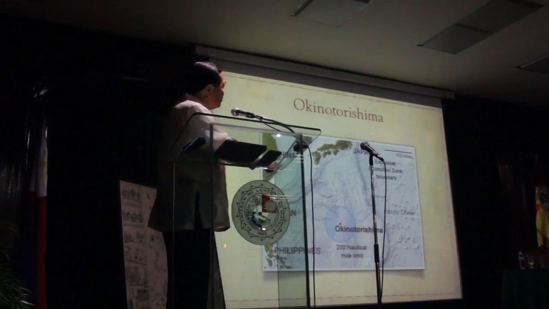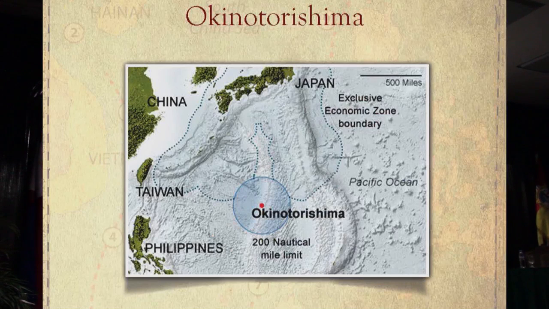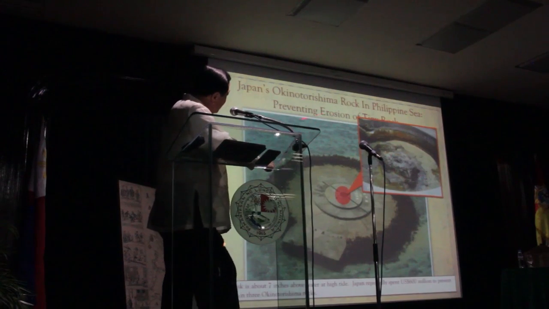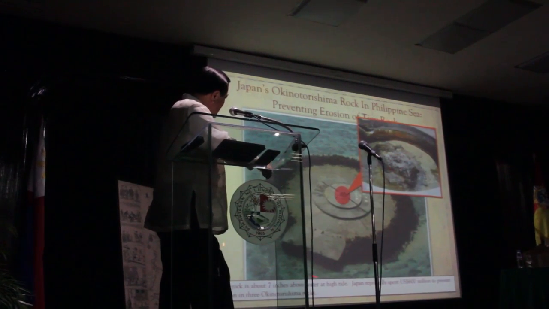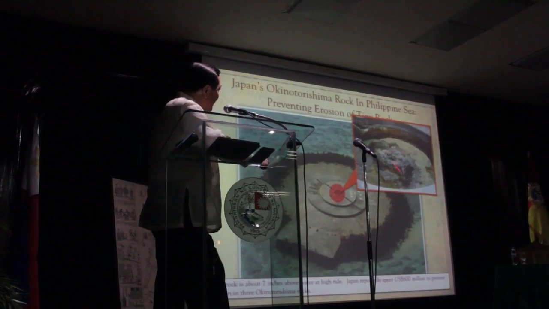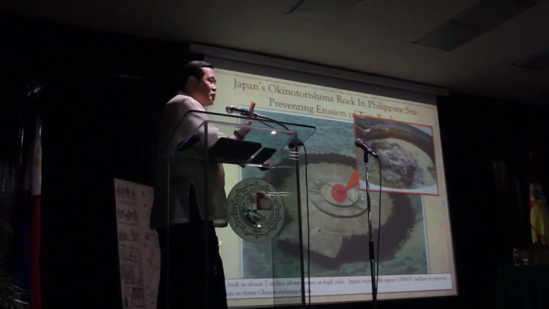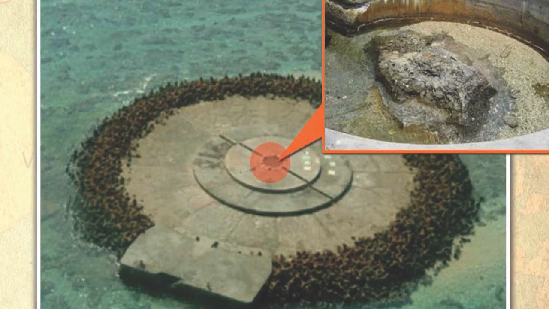Now this is Okinotorishima. Japan is claiming this rock here. But how big is Okinotorishima? This is the rock. It's only about 7 inches above water at high tide. To prevent erosion, there is this structure here, with these rocks here, so that it will not erode.